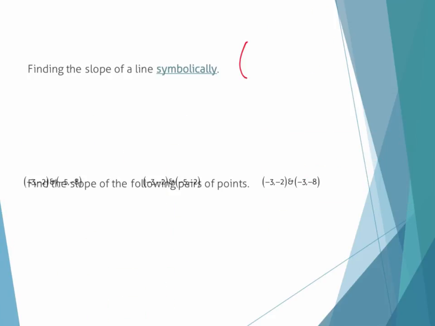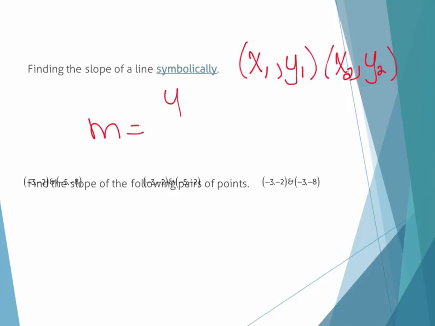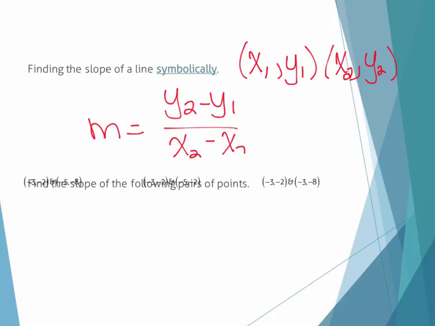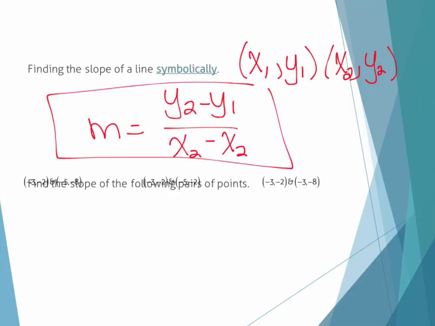So if I'm given 2 points, x1, y1, and x2, y2, that are 2 points on the graph, I can use the slope formula, y2 minus y1 over x2 minus x1, to find the slope of the line. So I want to find the slope of the following pairs of points.